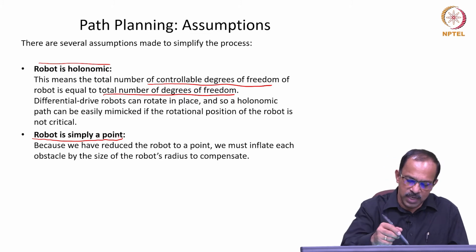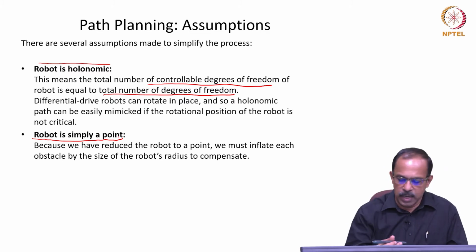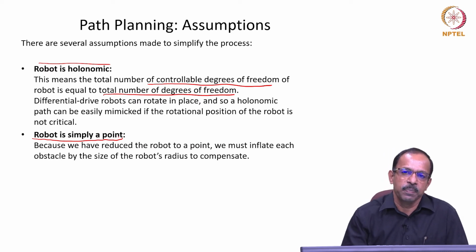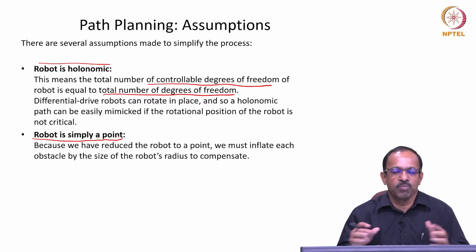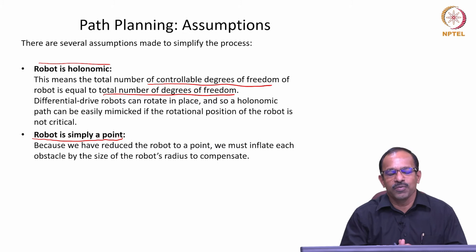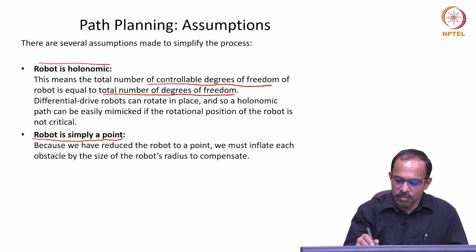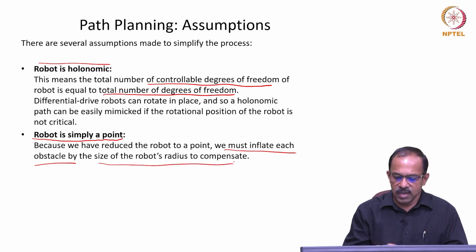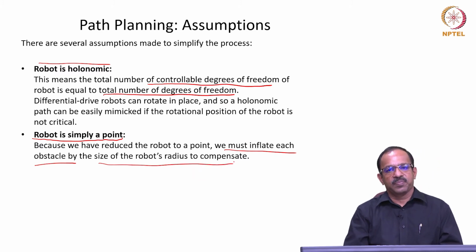In order to take care of that assumption, we enlarge the obstacles in its environment by the size of the robot, that is, we inflate each obstacle by the robot's radius to compensate.